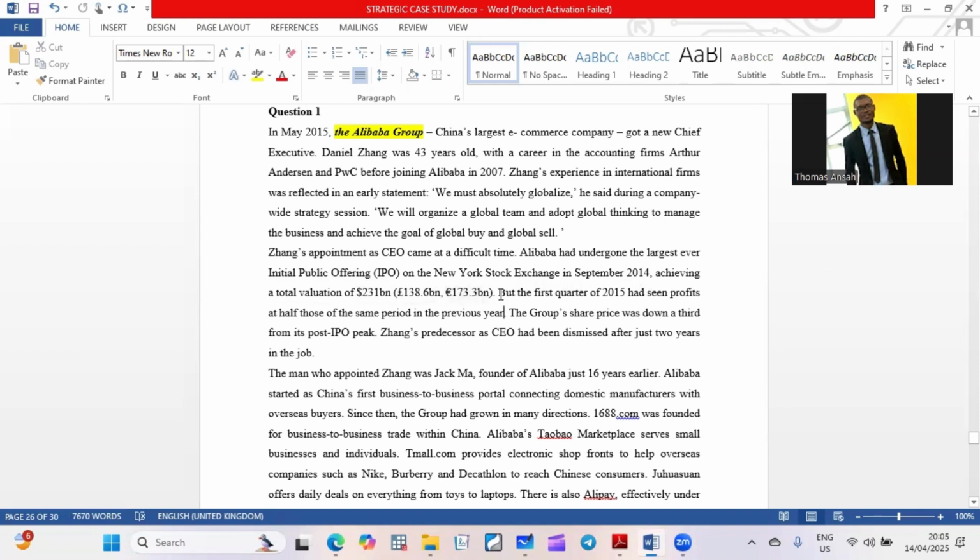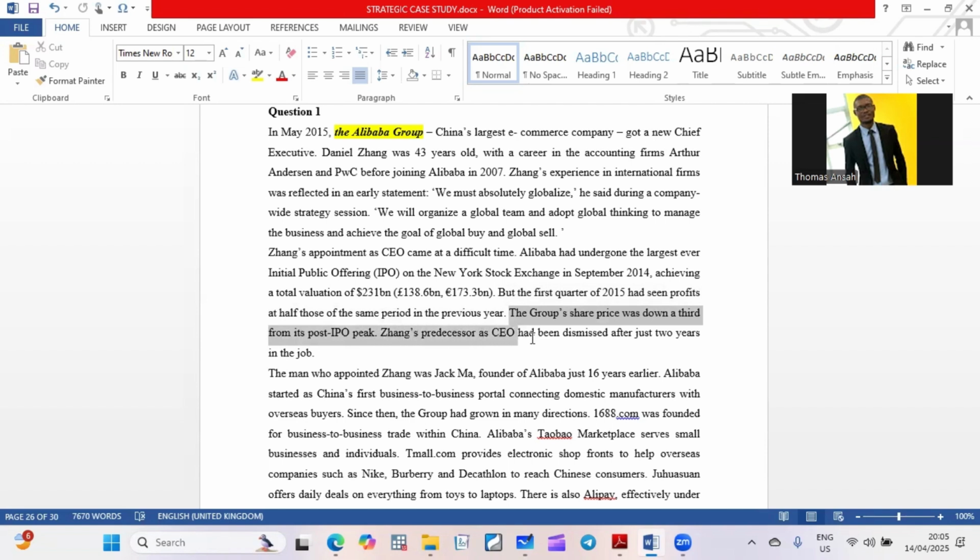Okay, but the first quarter of 2015 had seen profit at half those of the same period in the previous year. So it means nothing has really changed. It is even bad. The group share price was down a third from its post-IPO peak.